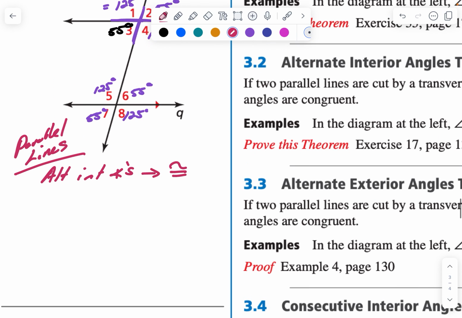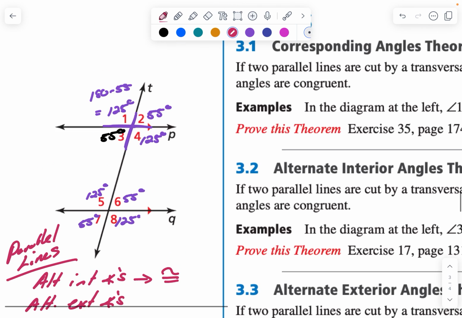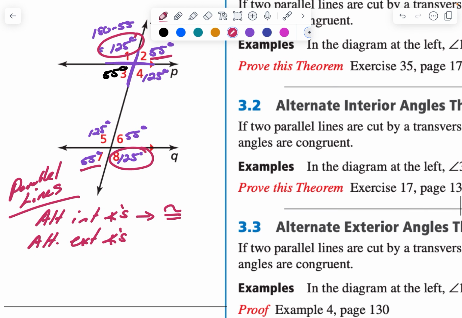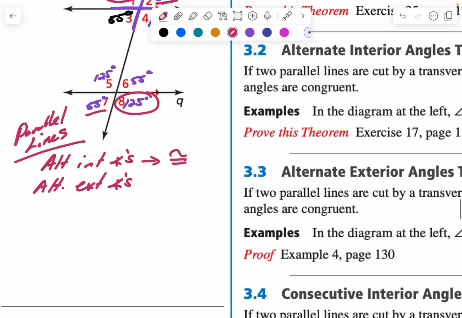Next relationship, alternate exterior angles. Alternate exterior angles, one example would be these two. And then these would be the other two. Notice they are congruent as well.